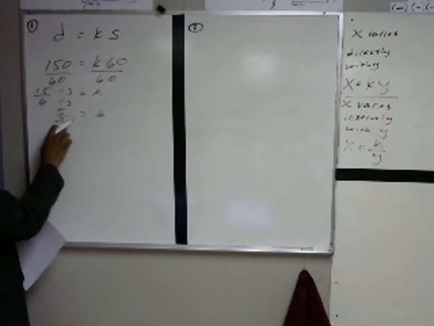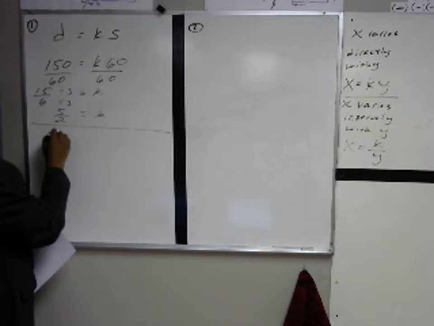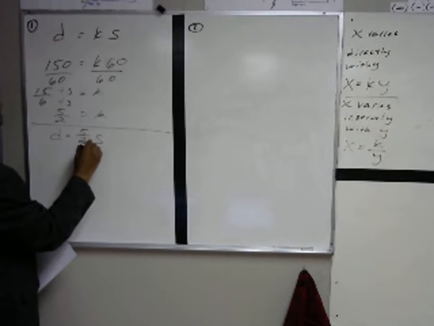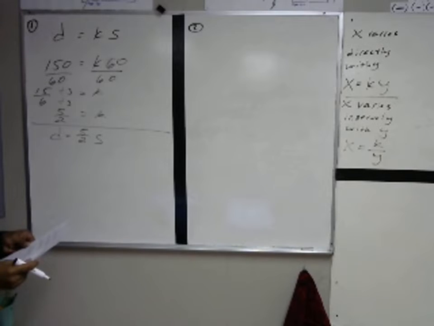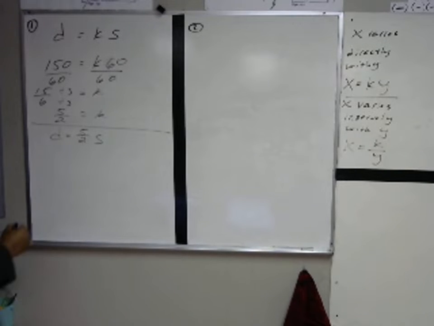Okay. With this constant, we can replace it back in here and now say that d equals the constant 5 over 2 times the speed. Furthermore, the question is, what is the distance if the speed is 50 miles an hour?